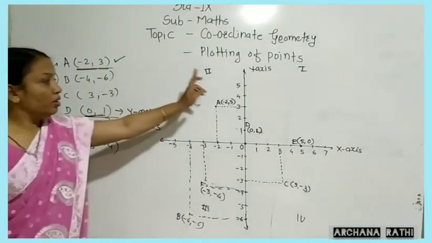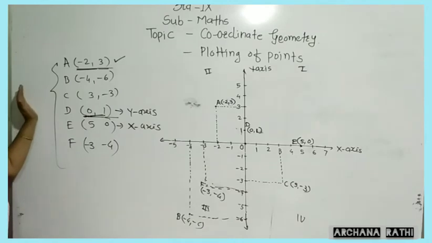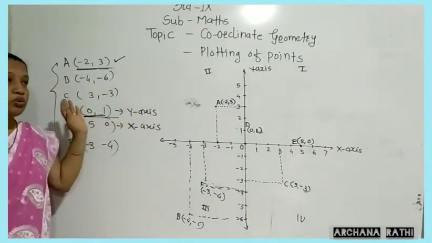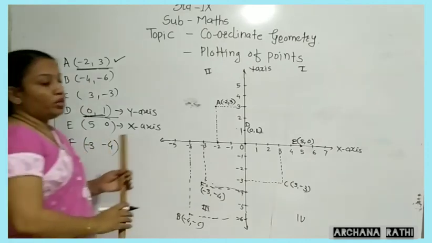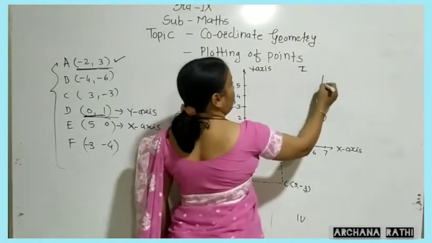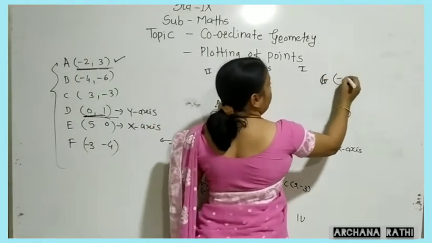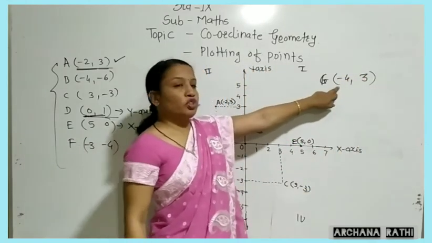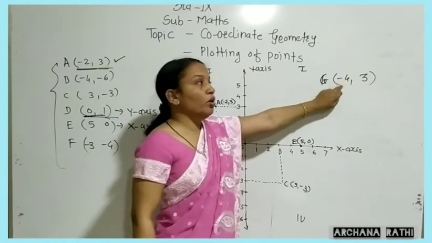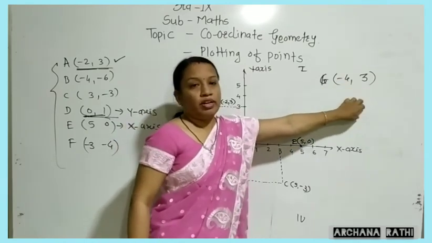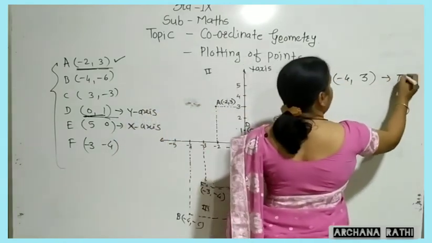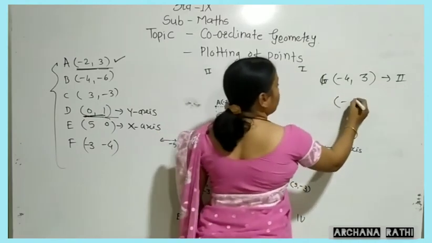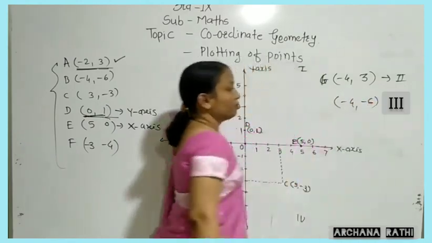It is (-3, -4). That's how you can plot the given points. Now questions are generally given without plotting the points. You have to just tell in which quadrant the point will lie. Suppose point G, (-4, 3). Here x coordinate is negative and y is positive, so that will definitely lie in the second quadrant. Suppose (-4, -6).